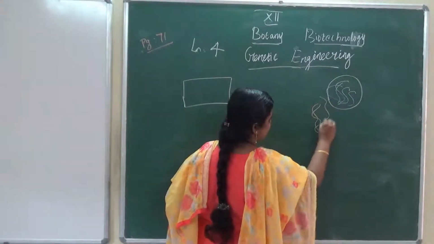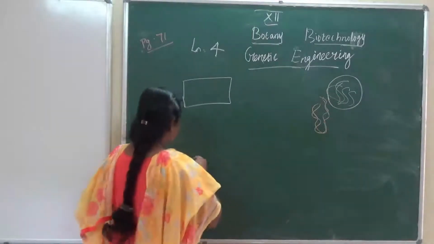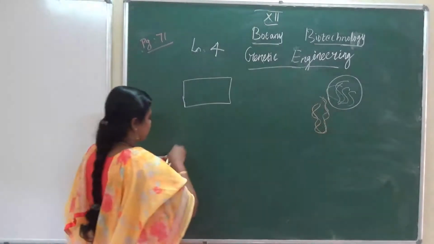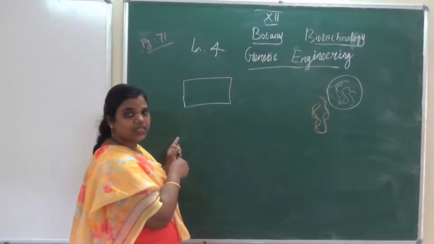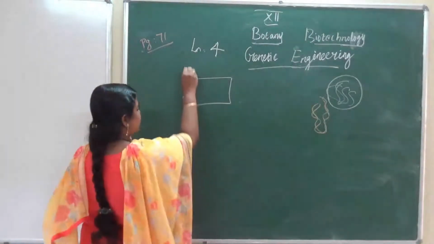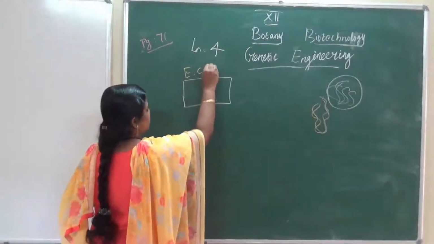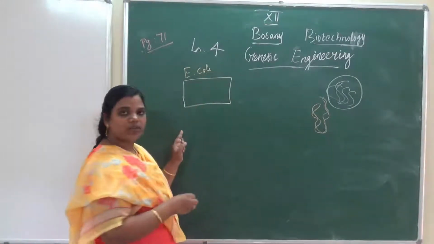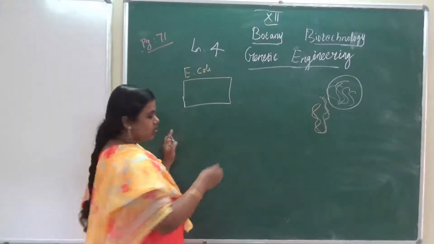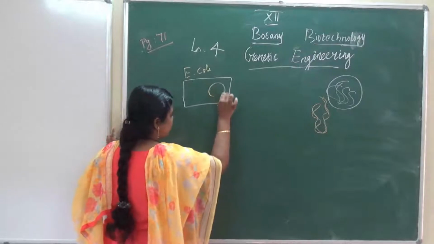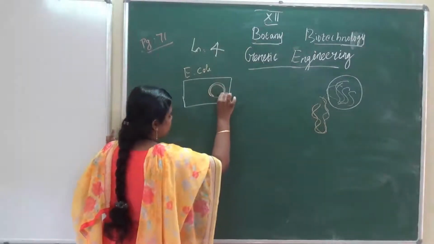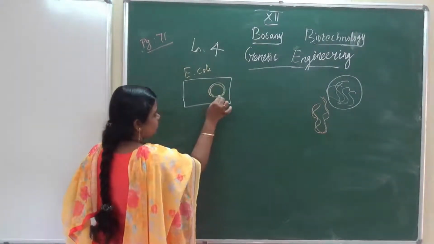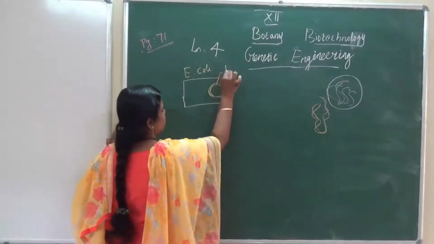Double stranded DNA. In the 11th standard, the E. coli bacteria has an extra double stranded DNA fragment that is known as a plasmid. Yes or no?